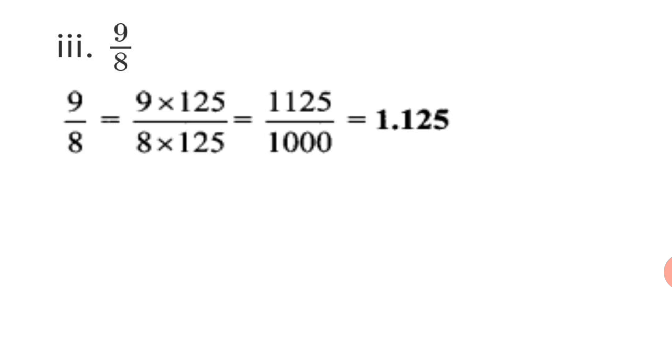Okay, so now let's see how to solve this. 8 into 125 will give us 1000. So we multiply by 125 numerator and denominator, which gives us 1125 upon 1000 equals 1.125. Counting 3 digits from right, place a decimal point.